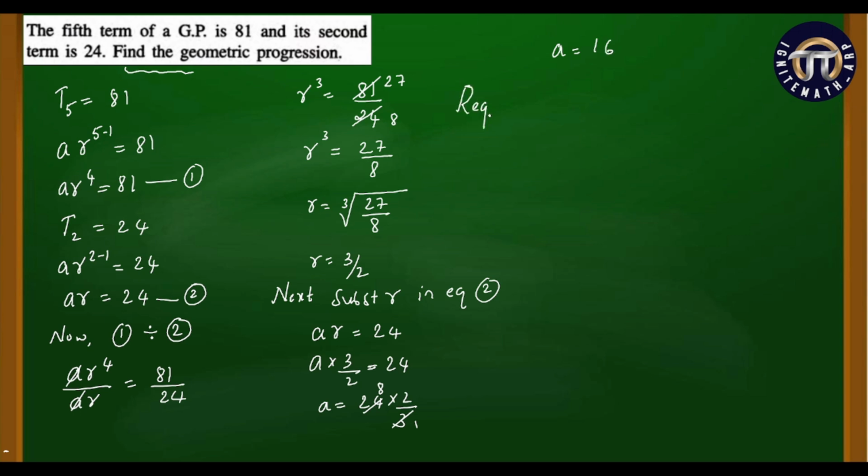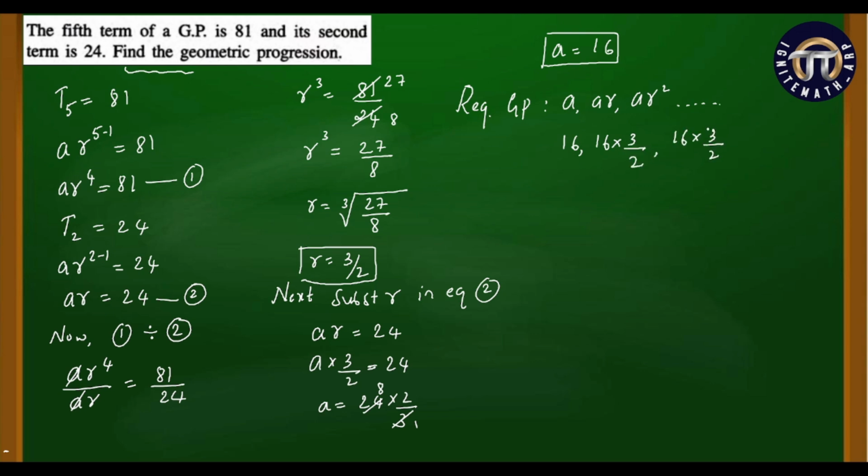So now I can write required GP is A, A R, A R square, and so on. So what is A, children? A I have got as 16. So I can write this as 16. Then 16 into R. So what is R? R I have found out as 3 by 2. So 16 into 3 by 2. Then 16 into 3 by 2 the whole square. Clear, children?